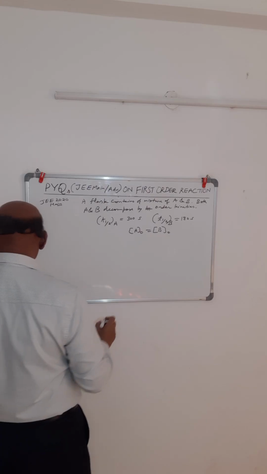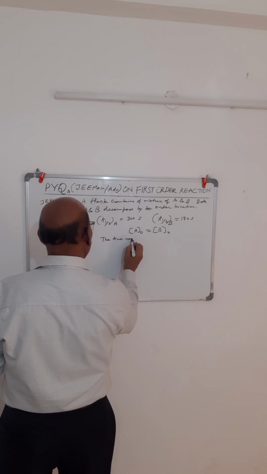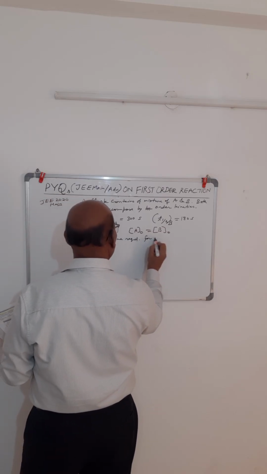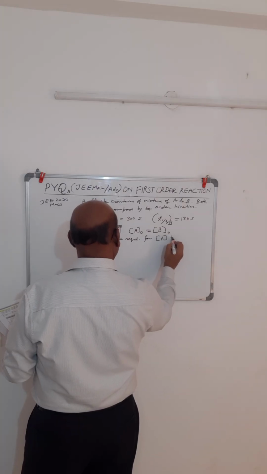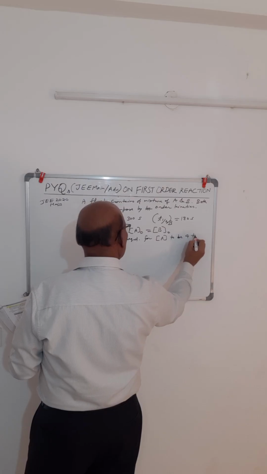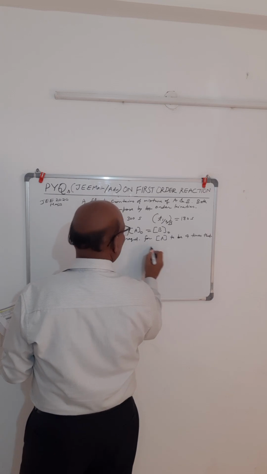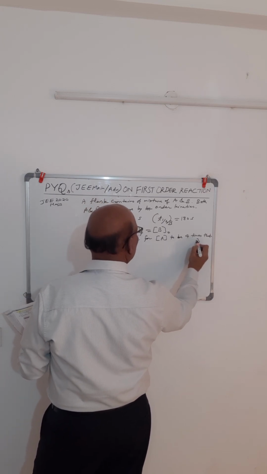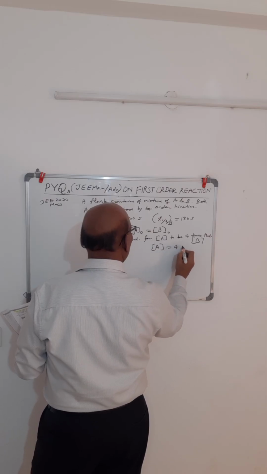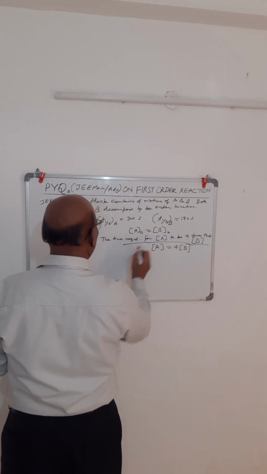And what we have to find out is the time required for the concentration of A to be four times that of B. That means when the concentration of A becomes 4 times that of B, that time is required.